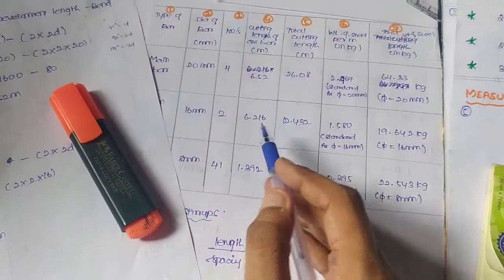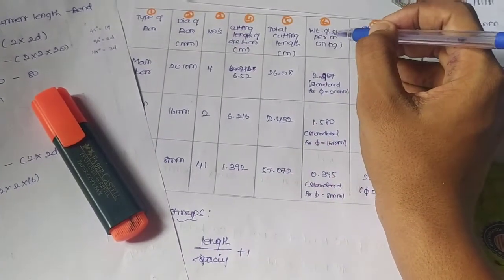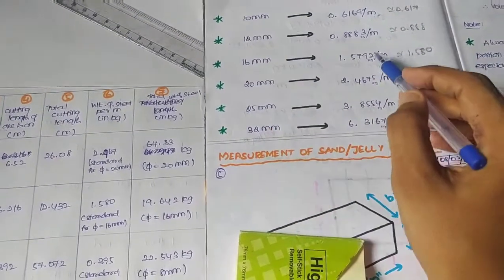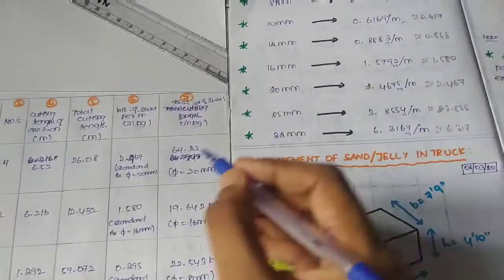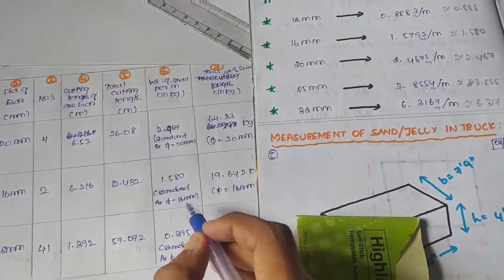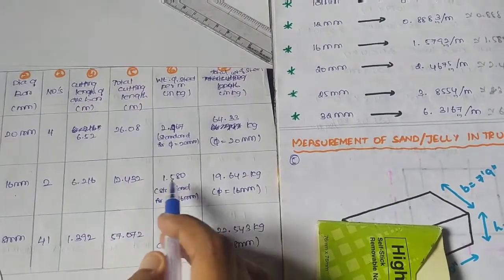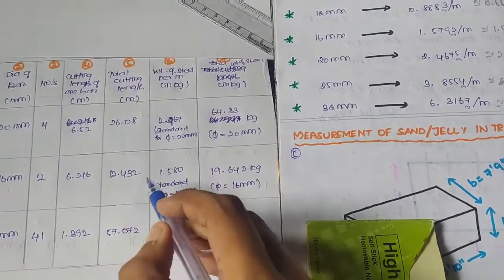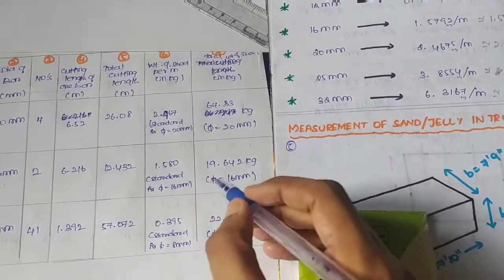So 2 into 6.216 is 12.432 meter. The weight of steel per meter for 16 mm dia bar is the standard value 1.580 kg. We multiply both these things to get the total weight of steel. So 12.432 into 1.580 is 19.642 kg.